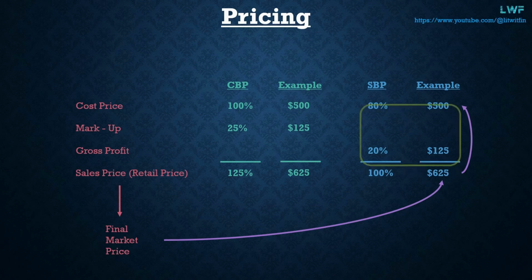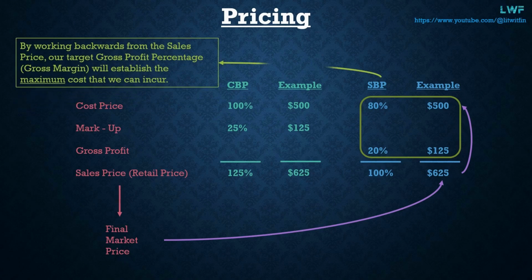In other words, by working backwards from the sales price, our target gross profit percentage will establish the maximum cost that we can incur.